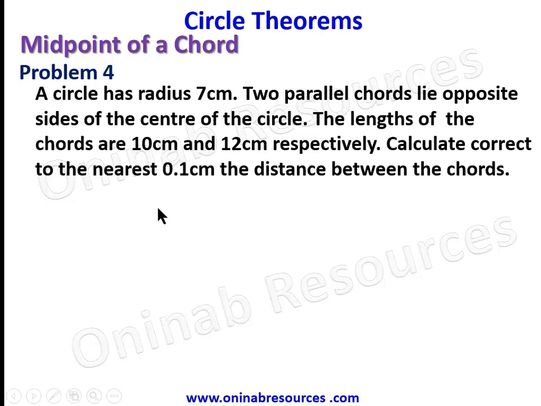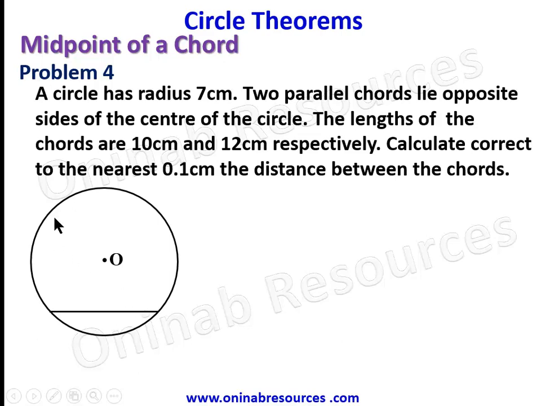We still need a circle, center O, and two chords on opposite sides. So we have the first chord here and the other chord here, since they are parallel. We draw the line from the center to touch the two chords.